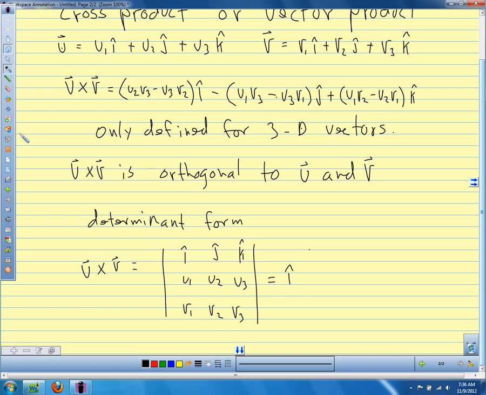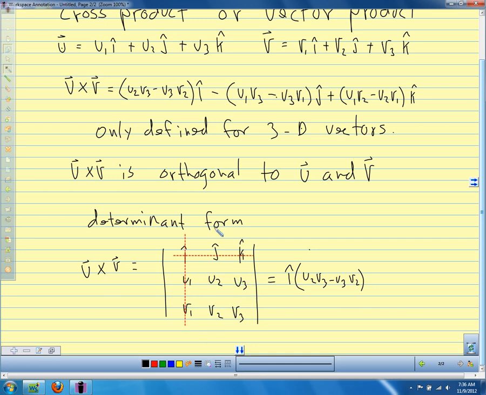So if I do this for the i, I would cross this row and this column out and find the determinant of this 2 by 2 matrix. So this would be i times u2 v3, and then when I go right to left, my sign is negative, u3 v2.